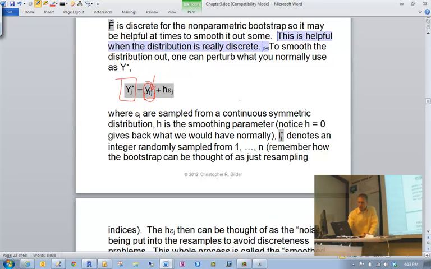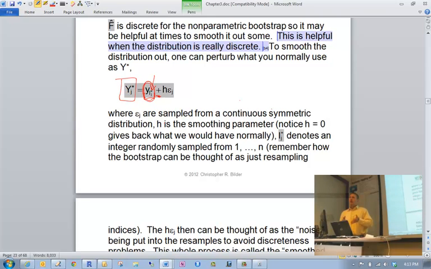Just do your resampling like you would normally, but add to it h times epsilon sub j, where epsilon sub j is simply sampled from some continuous symmetric distribution, usually a parametric one, maybe a normal. Sample from that, and then multiply it by h, which is often referred to in many other applications as a smoothing parameter.